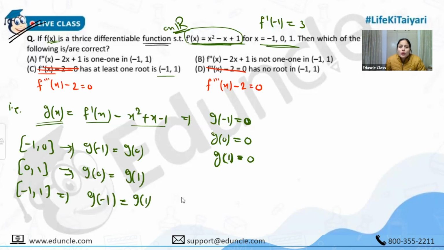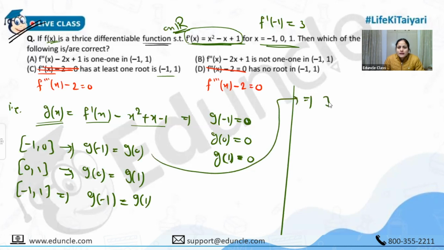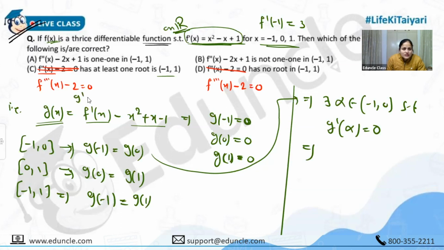So I can talk about Rolle's theorem on each of the intervals. This implies that there exists a point alpha in the interval -1 to 0 such that g dash at alpha is equal to 0. Here g dash is nothing but f double dash x minus twice x plus 1.